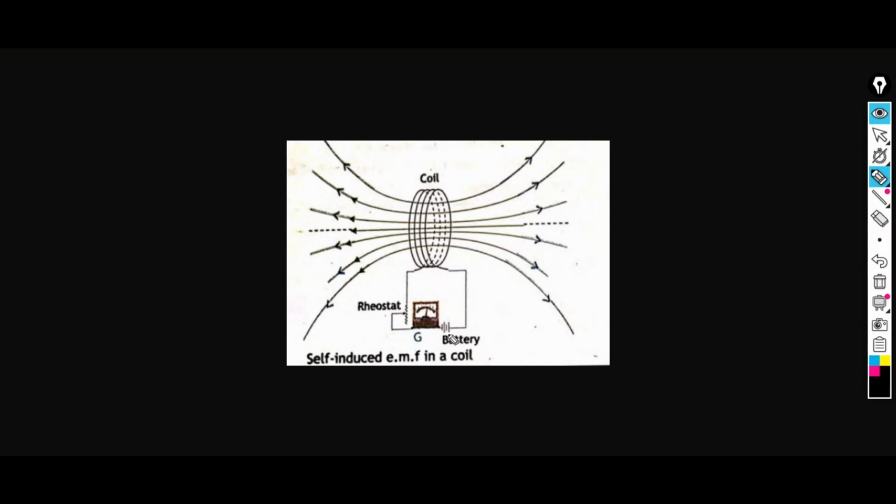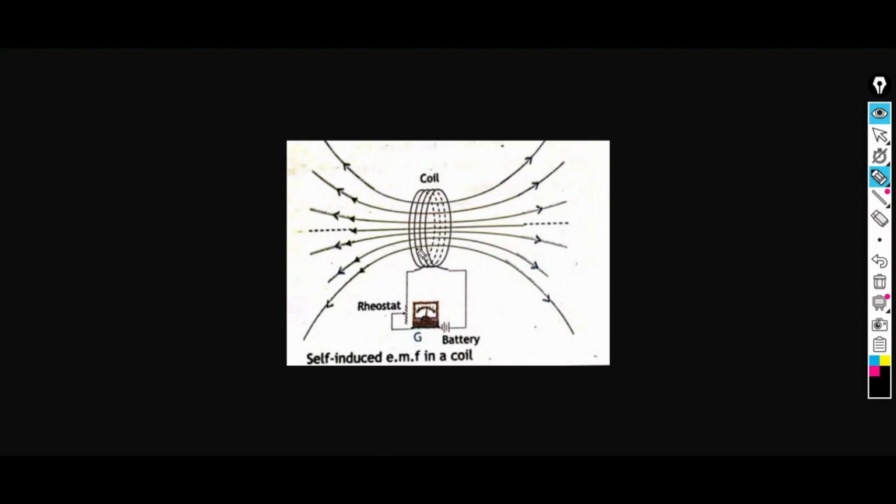Okay, so if we provide the DC to this conductor, due to the voltage provided by the battery, the EMF, the electric field will develop inside that conductor.